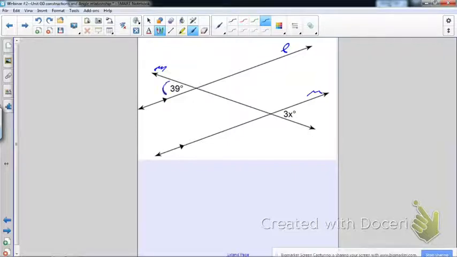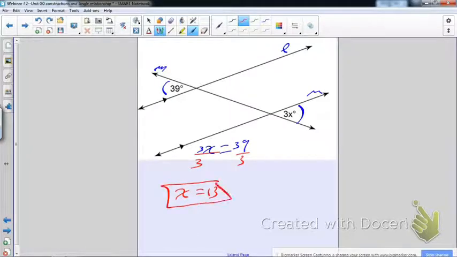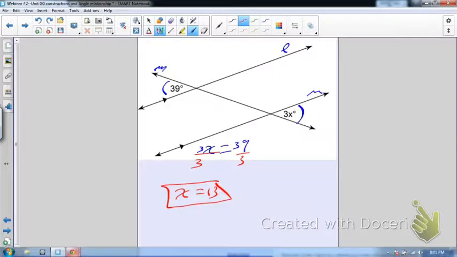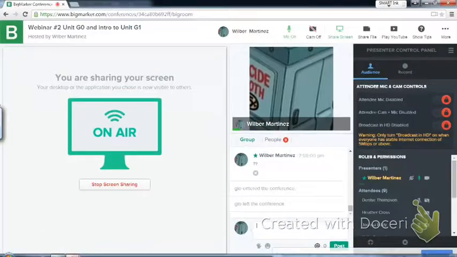We know that we have alternate exterior angles. Alternate exterior angles allows you to set them equal to each other because they are the same. And once I set them equal to each other, I see that all I need to do is the division property of equality, and I get that x turns out to be 13. Super simple. It's not that hard. Any questions so far with these?